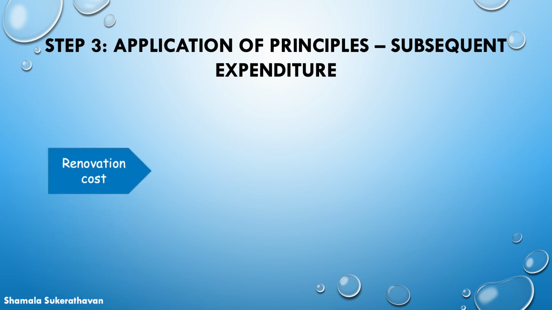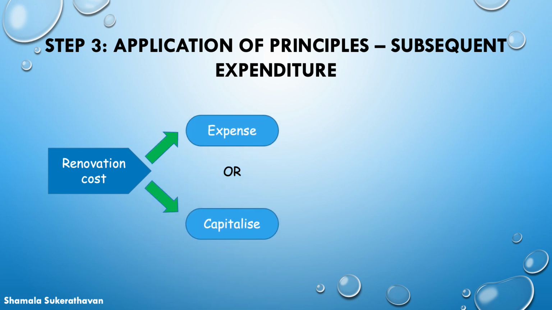There are two possible accounting treatments, that is, to either expense it off or capitalize the amount. Any subsequent expenditure should be added to the carrying value of the building, meaning capitalized, if it is probable that future economic benefits associated with the building in excess of its originally assessed standard of performance will flow to the entity.